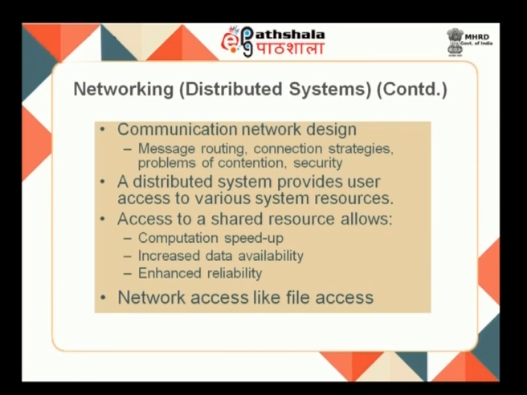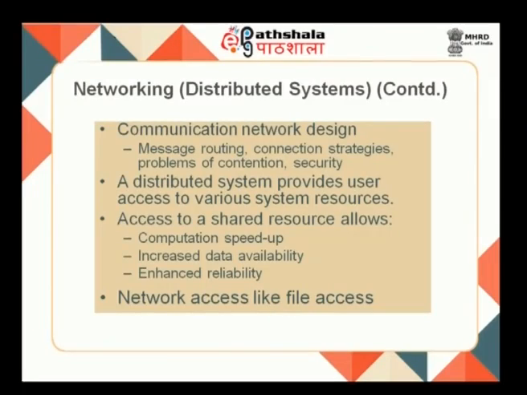In this case, issues related to networking have to be designed for, like message routing, connection strategies, problems of contention, with many people contending to use a particular network, then security in the network, and so on. All these have to be taken care of. Because you have a distributed system, you can share resources, and because of sharing resources you can have computational speedup, increased data availability, and more reliability.